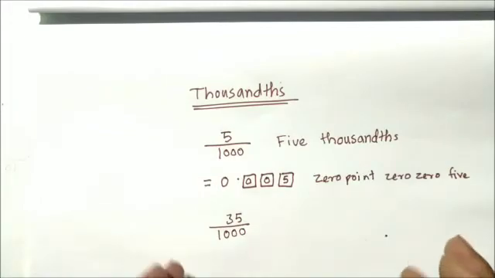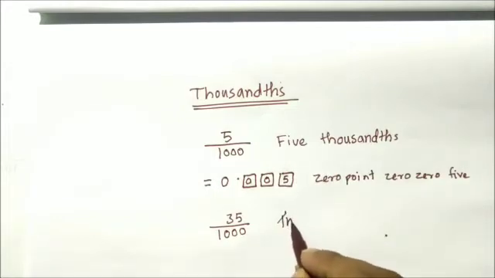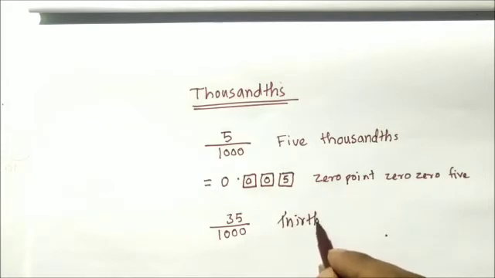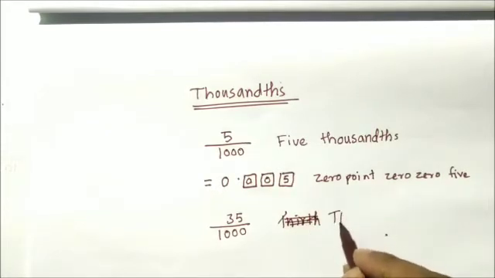Among these 1000 small boxes, we have colored 35 small boxes. So definitely it can be written as 35 out of 1000. So we will read it as 35.